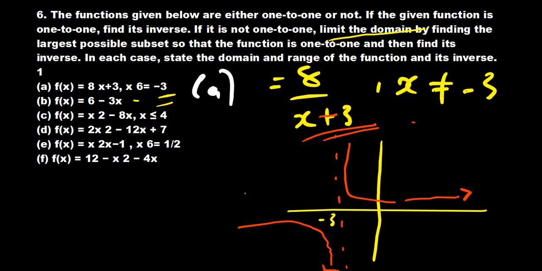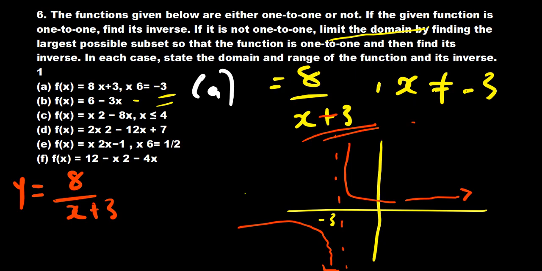You have to find the inverse of this function. So say y is equal to 8 over x plus 3. What are you going to do? You're going to make x the subject of the formula. That's how we find the inverse.